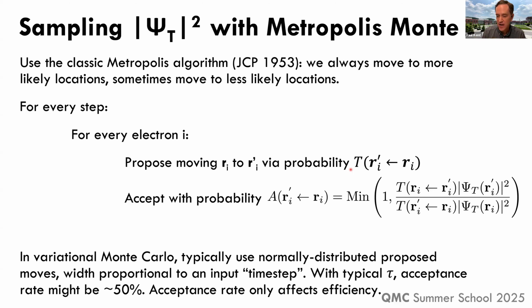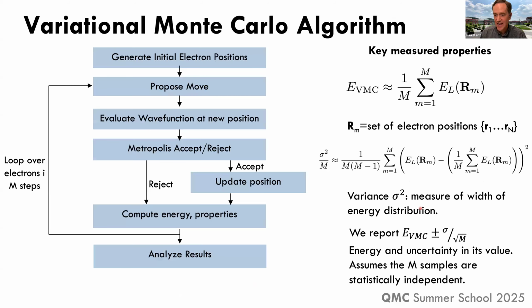Just to note here, and this is a foreshadowing of the issues in diffusion quantum Monte Carlo, the acceptance ratio here, we might aim for 50% plus or minus, and that turns out to be quite efficient. One can do efficiency studies, but the thing to note here is that the acceptance rate only affects the efficiency of the scheme. So there's no approximations here. This is just about the efficiency. The challenge is getting a good enough trial wave function.